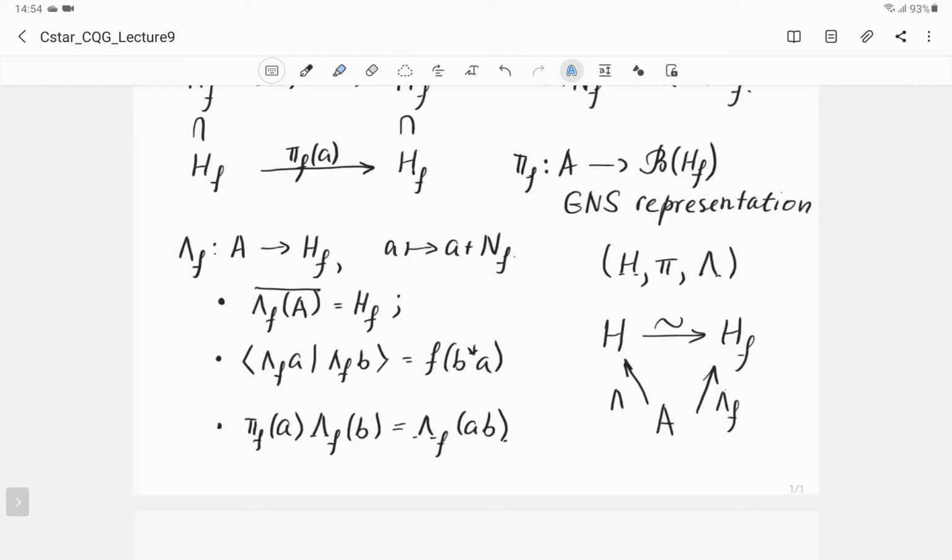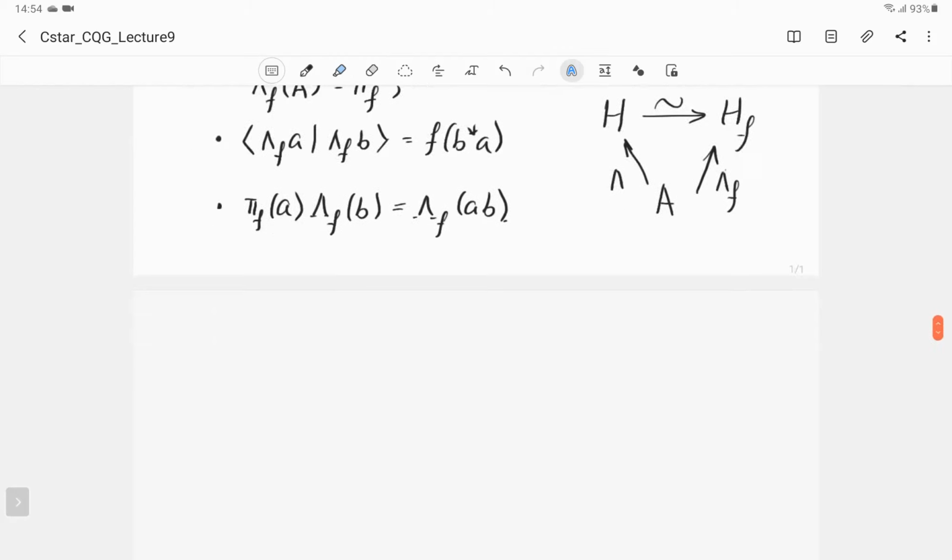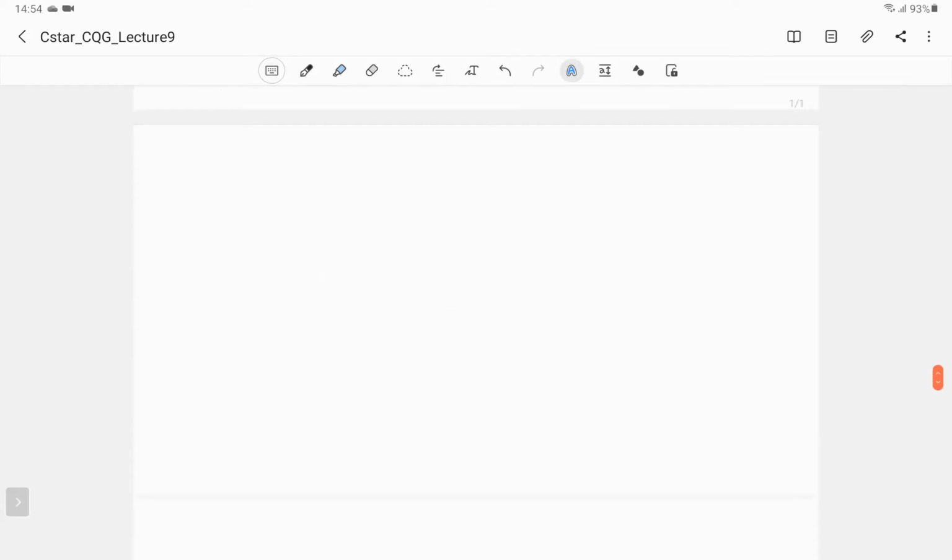So today, our first goal will be to apply GNS representations to constructing the so-called universal representation of a C-star algebra.